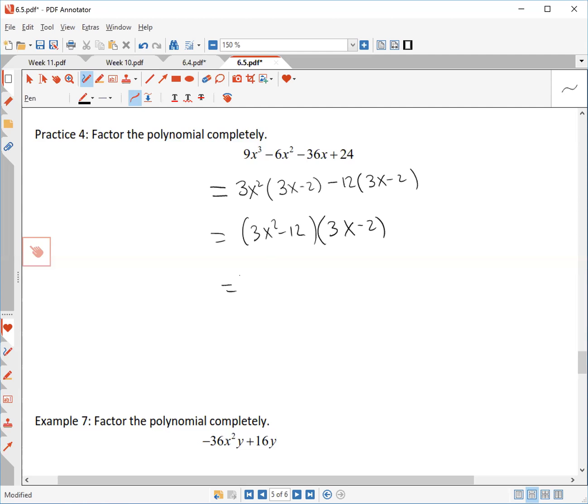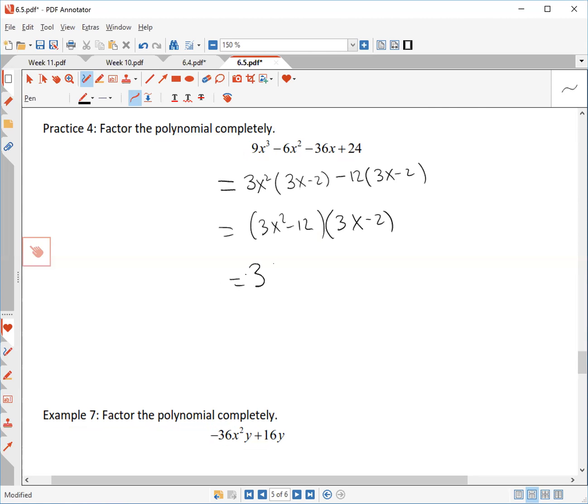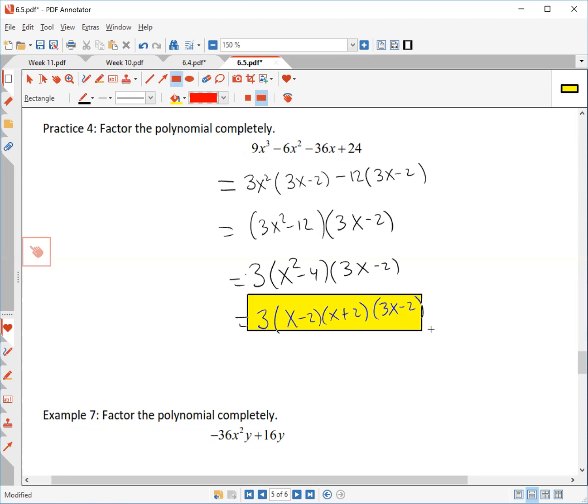So we check that factor, 3x squared minus 12, and we take out a 3, which leaves us with x squared minus 4 and 3x minus 2. But the x squared minus 4 is x minus 2 times x plus 2. All right, those difference of squares have a way of coming back up in factor by grouping problems.